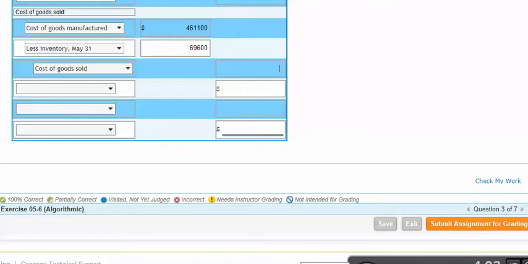The next thing I need to do is determine the cost of goods sold under absorption costing. I will take my cost of goods manufactured, 461,100, minus 69,600, and that's 391,500.